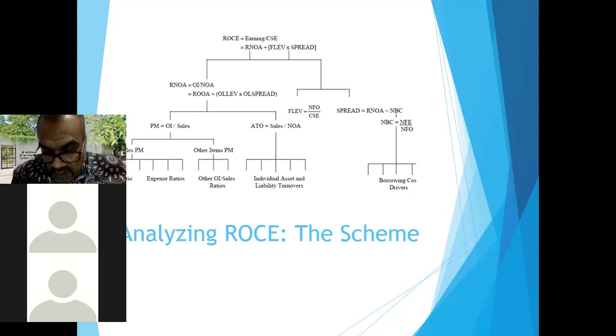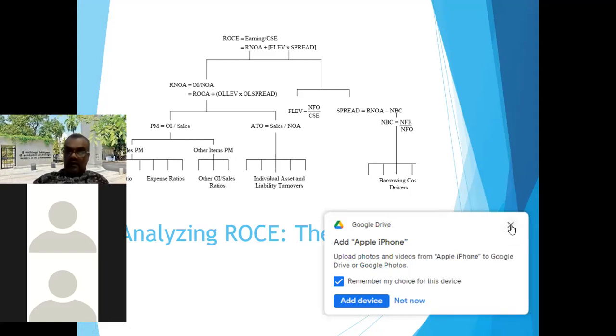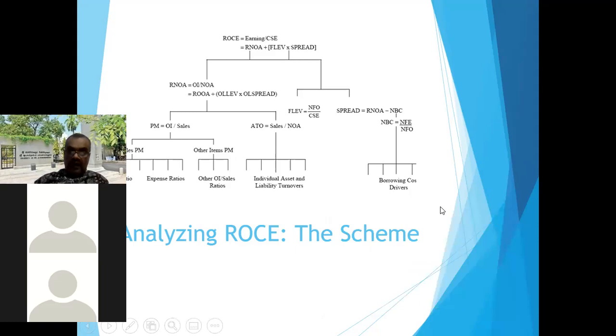Likewise, you can do all those things. So this is what we call the basic ratio or the profitability decomposition. Any question? Okay, I hope the questions will follow later on when we really work it out.